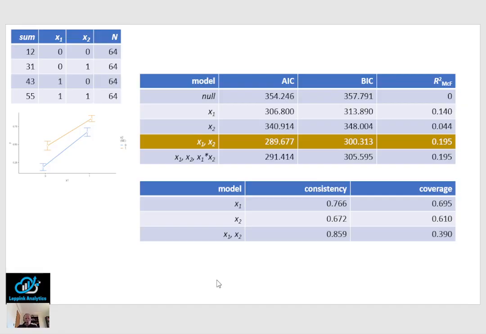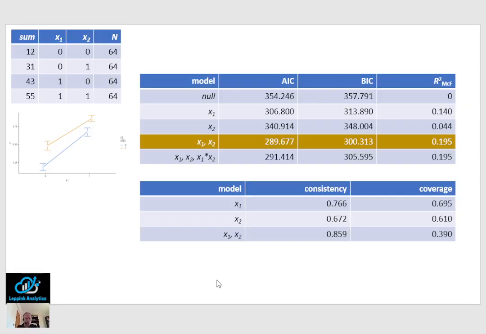For x2, we see that the numbers are slightly worse. We see that both the consistency and the coverage go down because the effect of x2 is less pronounced than that of x1. You also see that in the output of logistic regression, right? The R squared for x1 is 0.14, while that for x2 is 0.044.